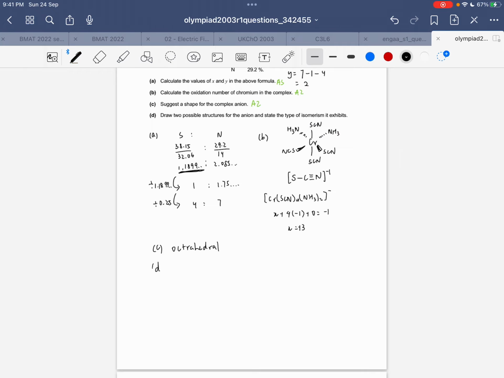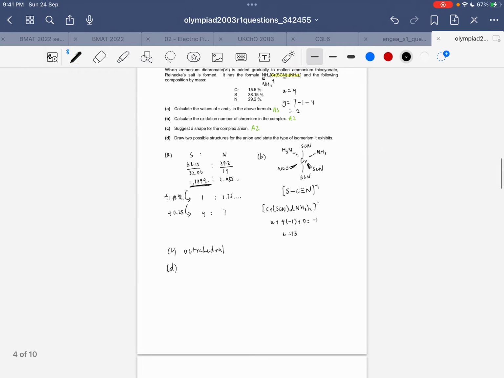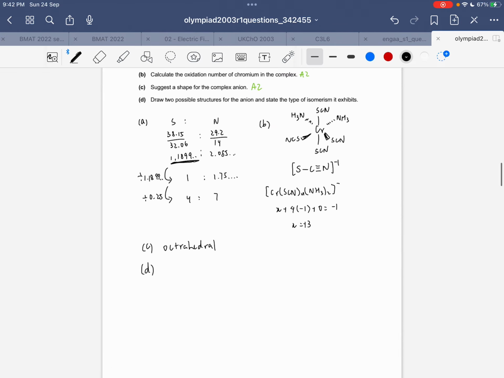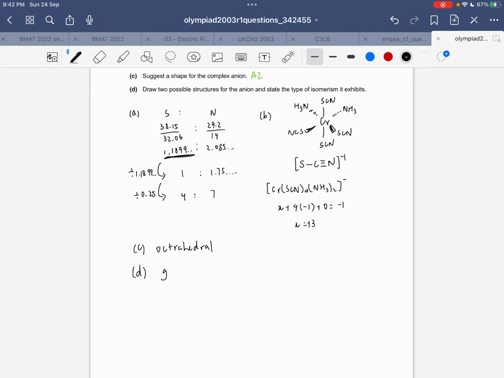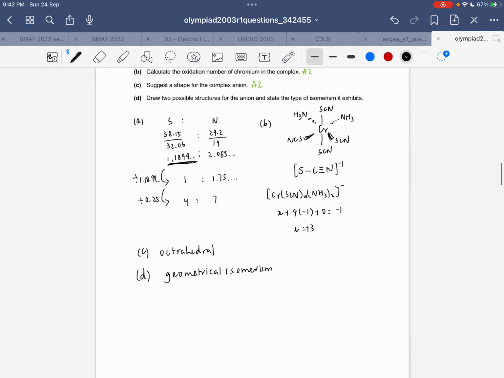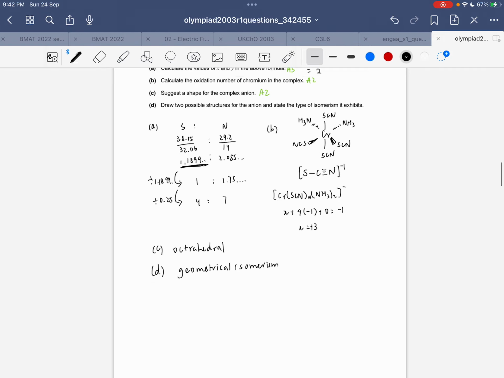And for D, for octahedral complexes like this, you will have geometrical isomerism because you have 2 ammonia groups and 4 SCN groups.